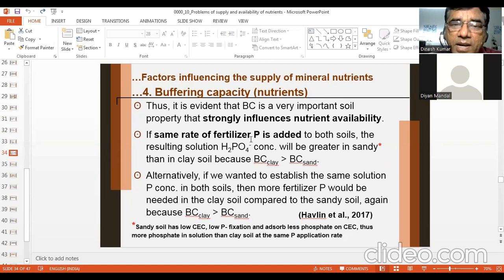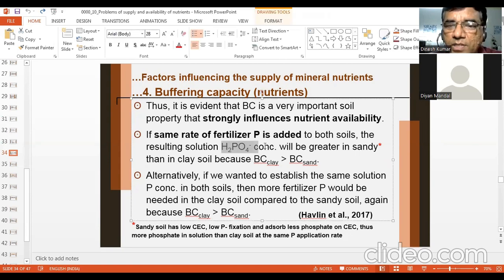If the same rate of fertilizer P is added to both soils, the resulting H2PO4 concentration, or phosphorus concentration in the soil solution, will be greater in sandy than in clay soil, because the buffering capacity of clay is more than that of sand.